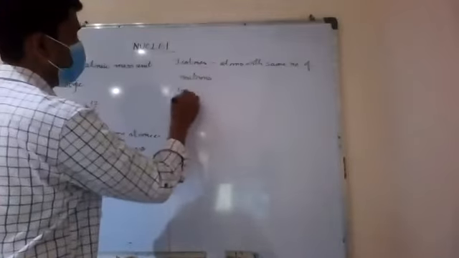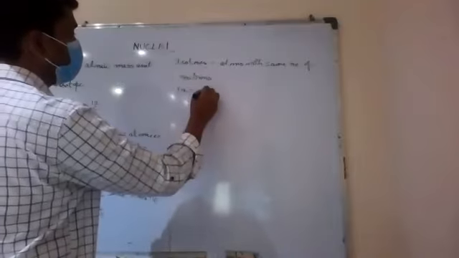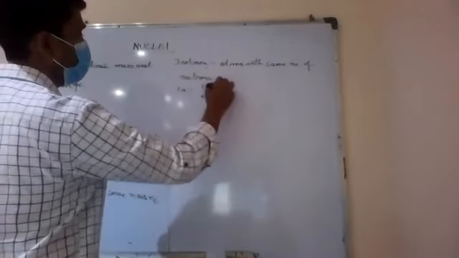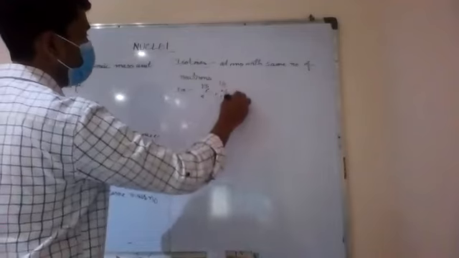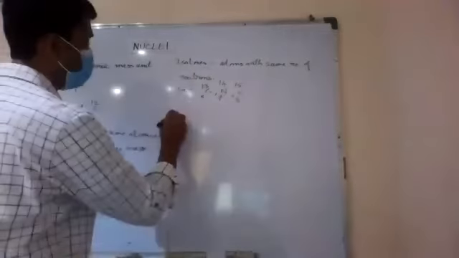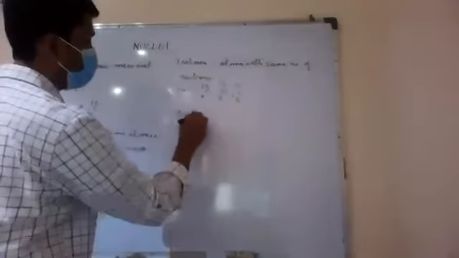What is the example? Same number of neutrons: C-6-13 and N-7-14, O-8-15. So this is the difference. Now, what is atomic number? How do we define atomic number?